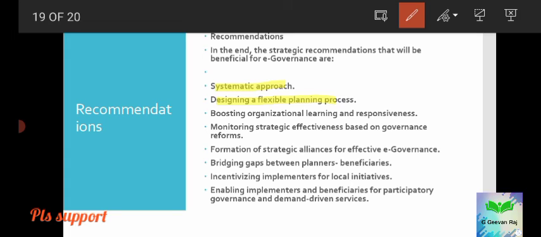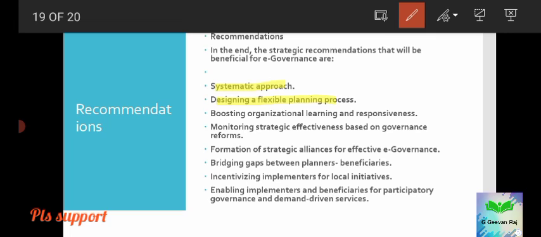Bridging gaps between planners and beneficiaries. So those who are implementing this project may be educated people and they may also have proper facilities, but the beneficiaries of such programs may not have such luxuries like them.